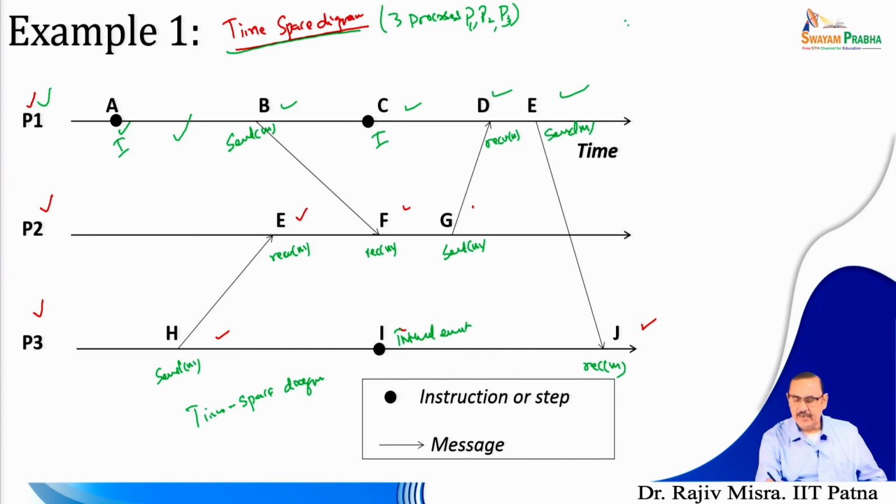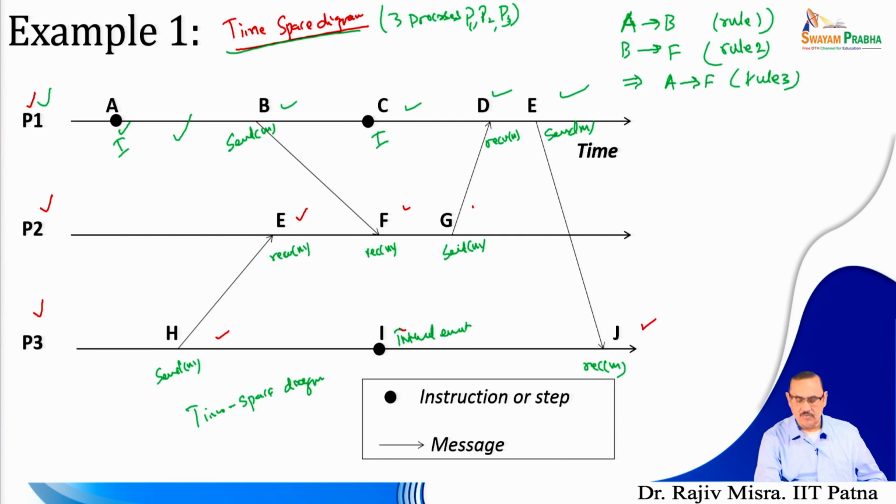A has happened before B using rule 1 of logical ordering, B has happened before F, that is rule 2, and therefore, this implies that A has happened before F using rule 3.